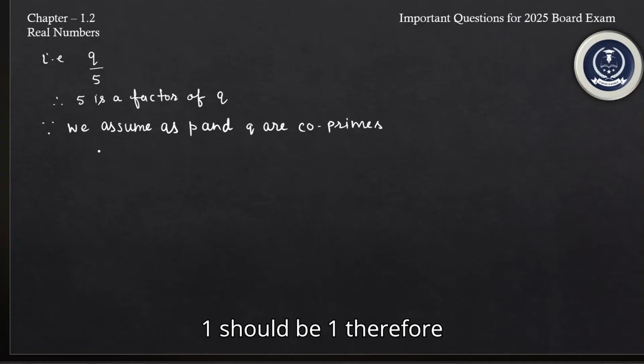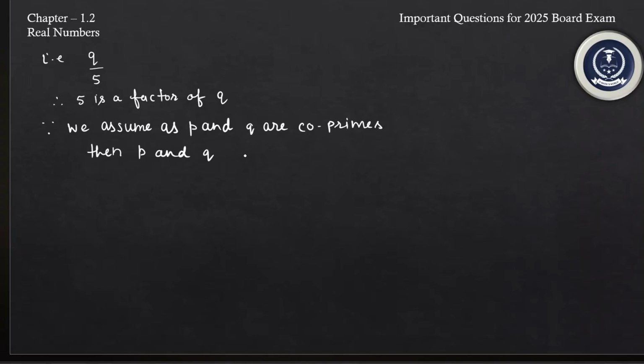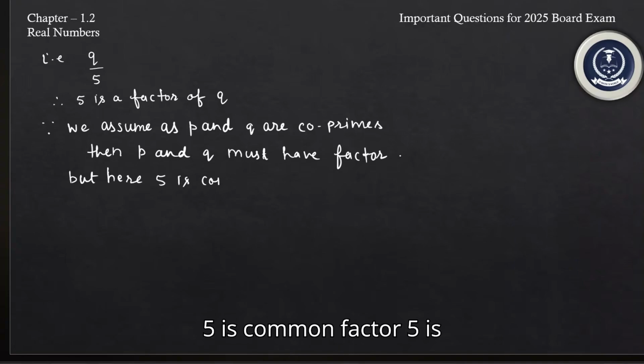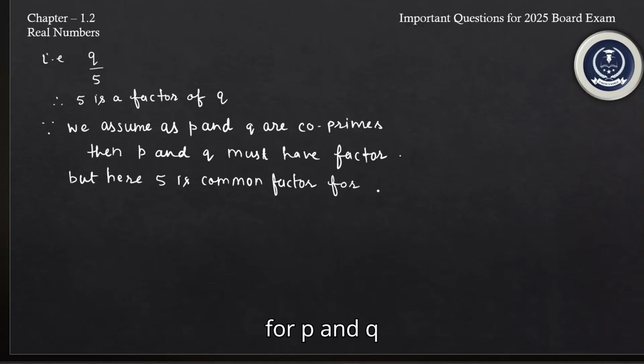Therefore p and q must have factor 1, but here 5 is a common factor for p and q.